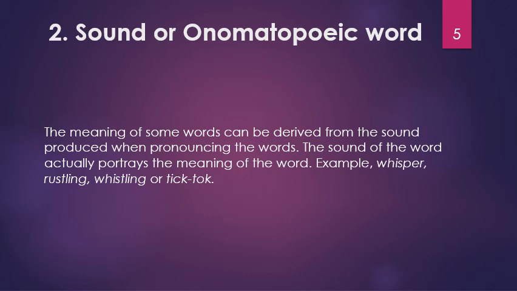For example, when you hear the sound, the boom of a fire outbreak exploding, the boom. So by mere hearing the sound of this word boom, it suggests that there is a kind of explosion of fire, or the tick tock of a clock, or another example, the ding dong of a doorbell.